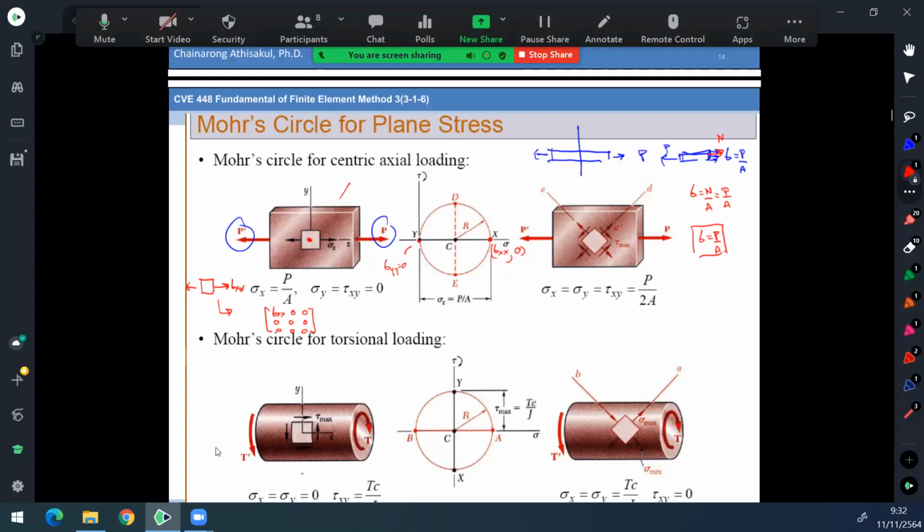For the Mohr circle, we found that when we rotate with 90 degrees, in the Mohr circle, we will have the point that is at this point, we have point D. Then at the point D, we have sigma x over 2, okay, and tau xy.